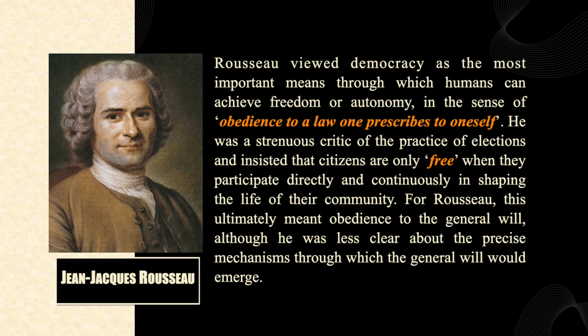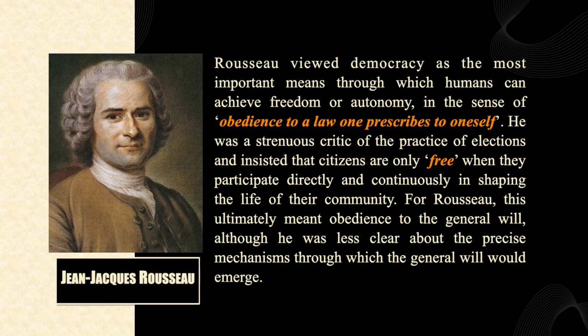The key figures: Jean-Jacques Rousseau. Rousseau viewed democracy as the most important means through which humans can achieve freedom or autonomy, in the sense of obedience to the law one prescribes to oneself.